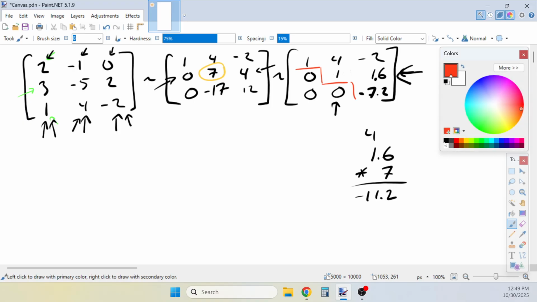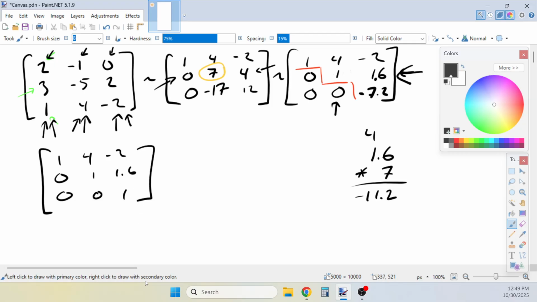At this point, we'll divide the bottom row by -2. 1, 4, 1. We'll now do bottom row times -1.6 plus the middle row to get rid of that.